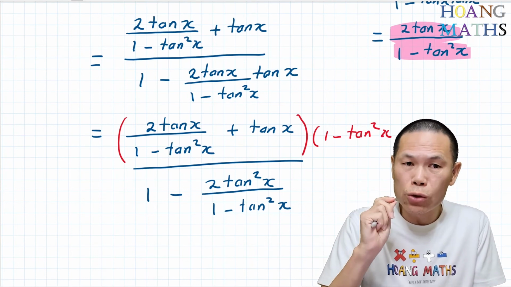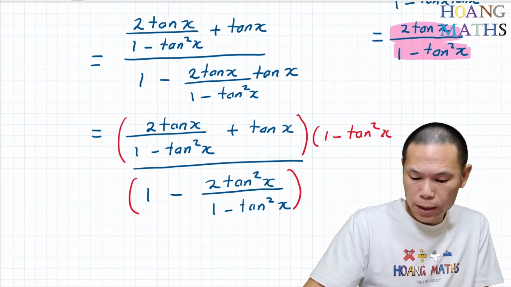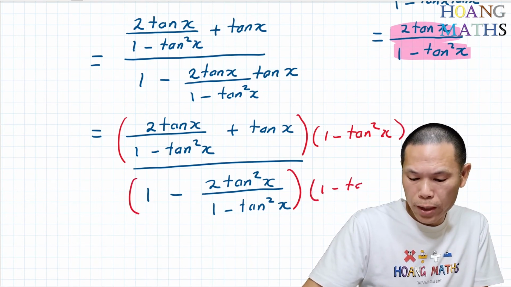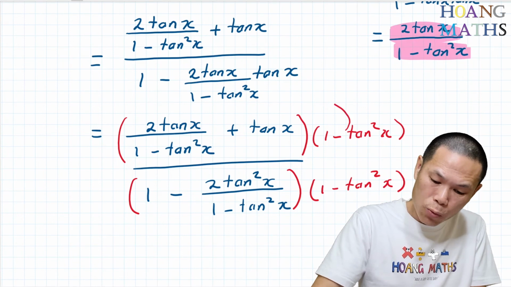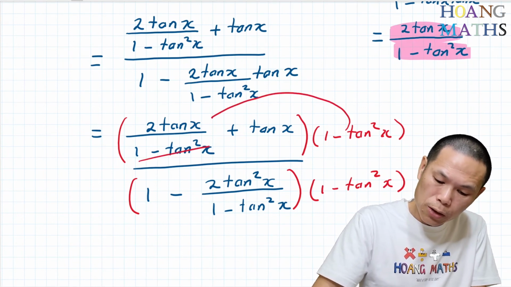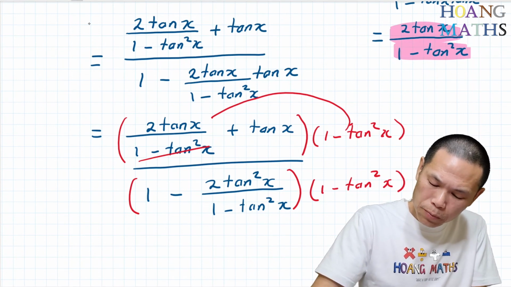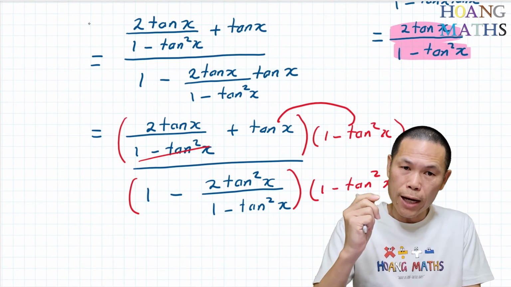Of course, I need to do the same thing down the denominator. So we just bracket, don't forget. So 1 minus tan square of x. So if you think about it, okay, this term here, we times with this. So this you can cancel with this. And then this term, we times with this. So what we do, we just write it out. Okay, let me just write it out first.